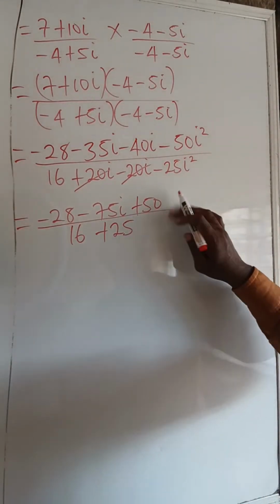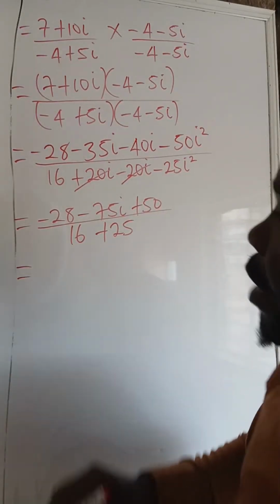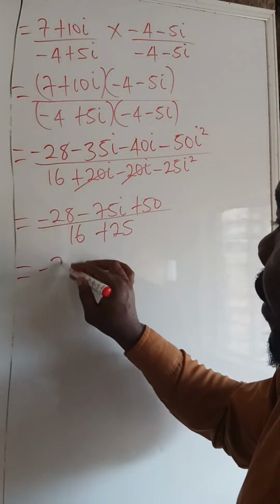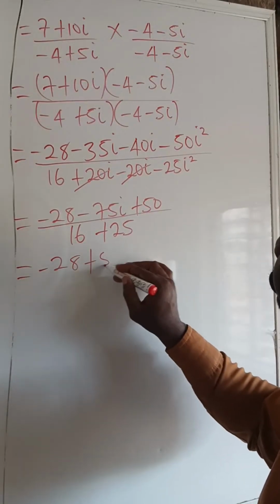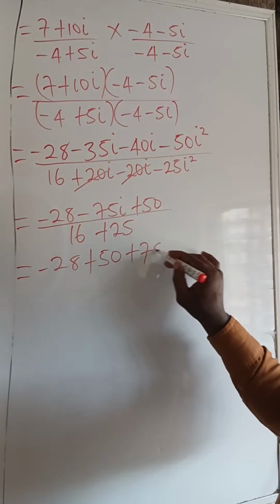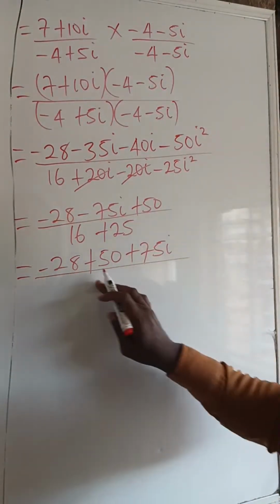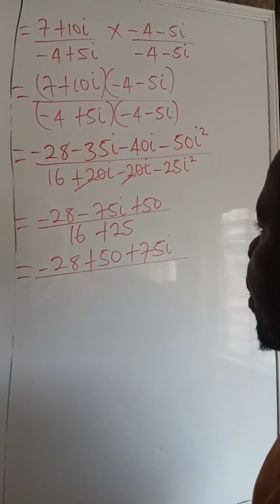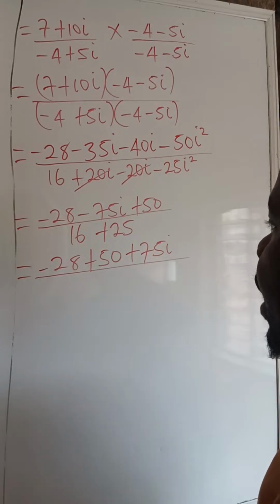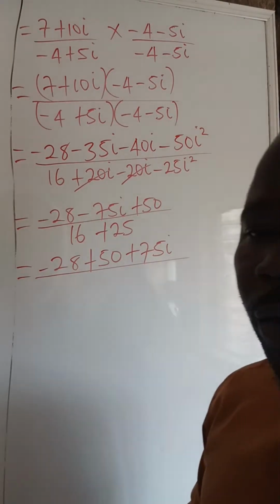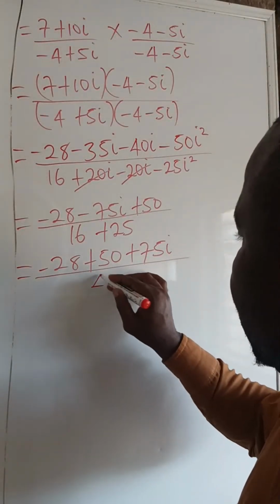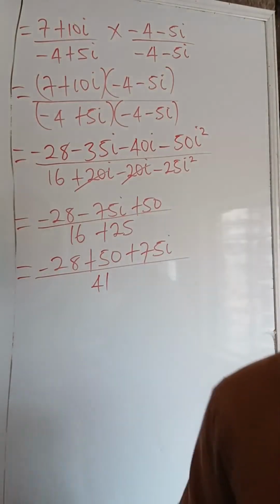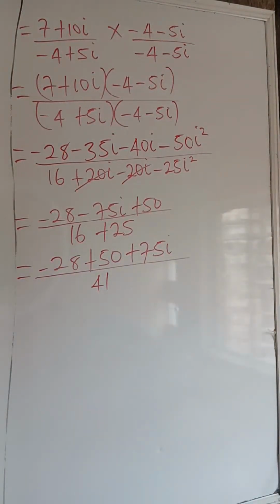So far, so good. So here we are going to have minus 28 plus 50 minus 75i all over this plus this, 16 plus 25, which is 41. True or false? It's true, right?